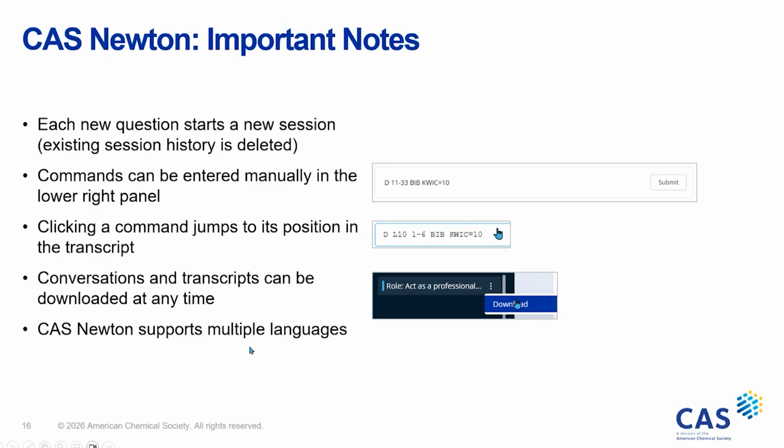And then finally, just to remind you that CAS Newton supports multiple languages, so you can certainly interact with that system in your own native language. You do not need to use English. It's also certainly answering, and so doing the analysis in the conversation in that particular language, whereas obviously it has to search the database with standard STN retrieval language and English, and knows that the database utilizes English.